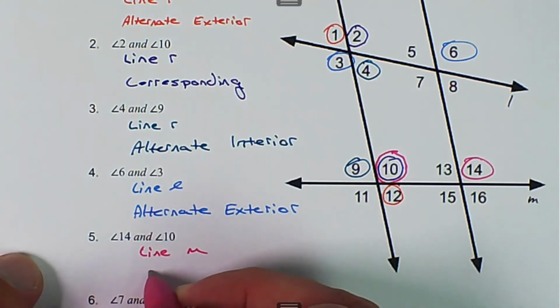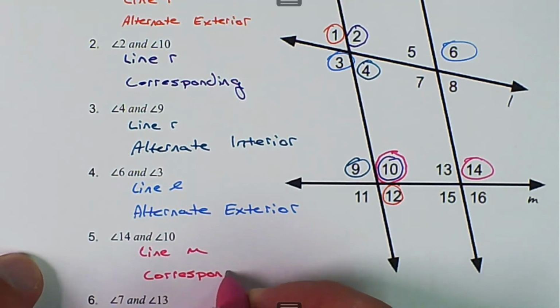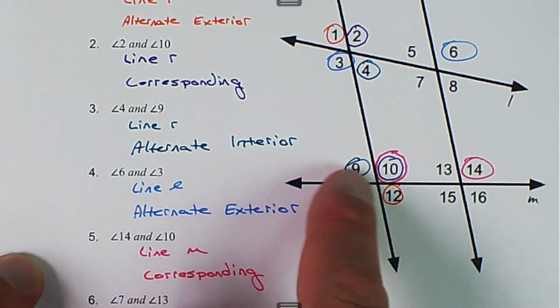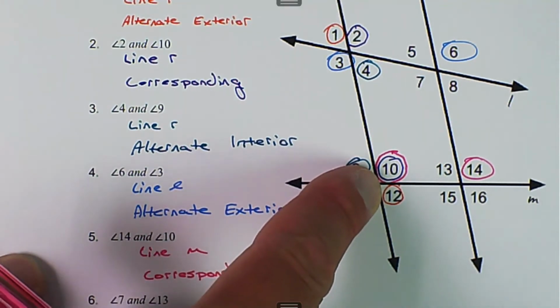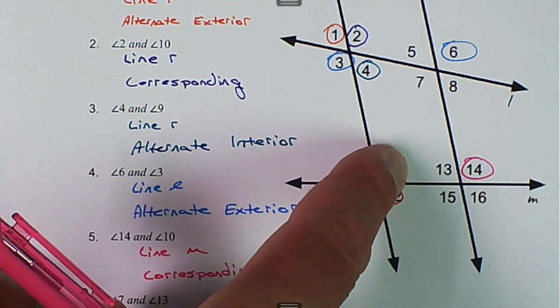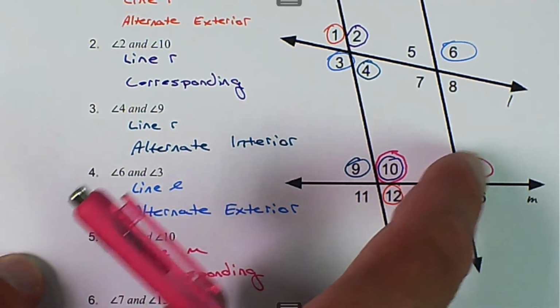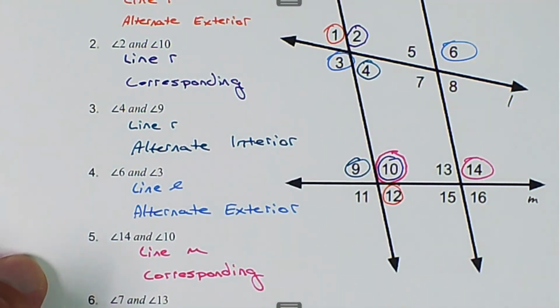The only one left is corresponding. If I'm driving down here, we've got forward and to the left, forward and to the left. So those are corresponding.